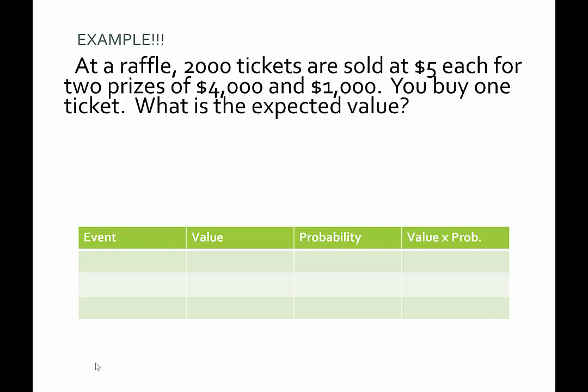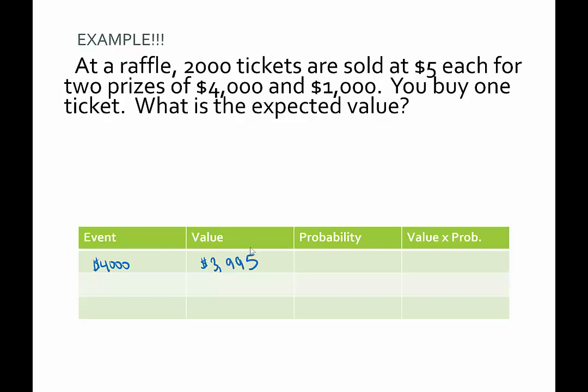Okay. So the first event is winning $4,000. But the value of this, you paid $5. So if you're handed $4,000, your net profit is $3,995.